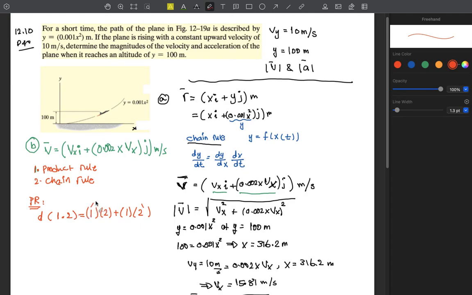Sorry, this is the product rule. I apologize. This is the product rule, but we also need to make use of the chain rule.